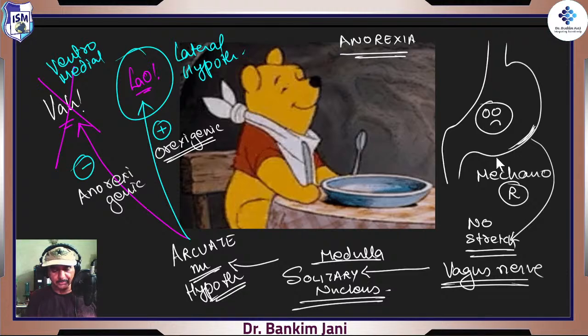In other words, orexigenic will say eat, anorexigenic will say don't eat, but we are inhibiting it. So these are just the types of fibers which will be used. So this is the main thing, which centers are getting affected. Everything started from that stomach, which said that yes, these are the things.